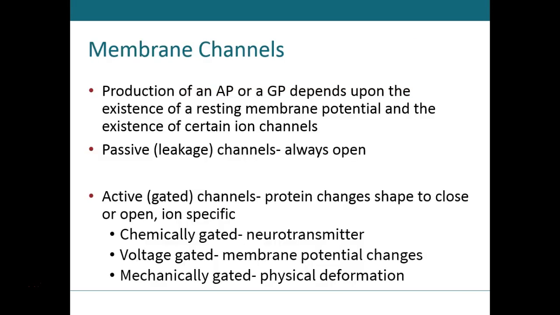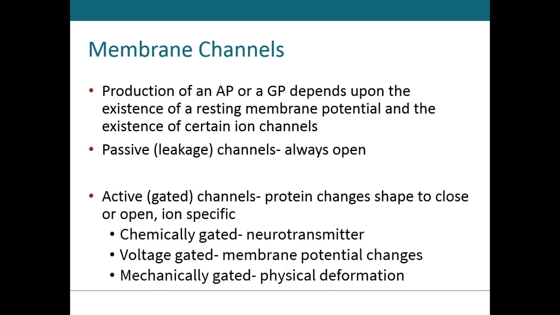So all of this happens, whether it is an action potential or a graded potential, based on two features of the cell membrane of these excitable cells, right? The neurons. So those two features are the existence of a resting membrane potential and the presence of ion channels.